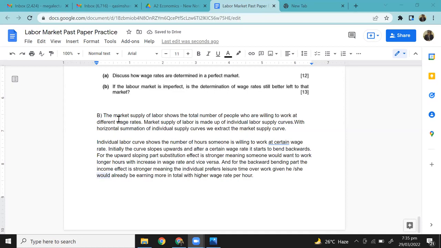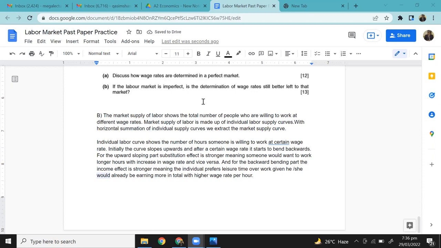Whatever wage is prevailing in the market based on market demand and market supply, that is the wage at which each firm will hire labor. The third one was that labor has homogeneous skills, which means that no matter which person you hire, more or less his or her skill set will be the same. And the last was that labor is occupationally and geographically mobile, so labor can switch between different occupations and different cities and countries. So that is what you'll say.